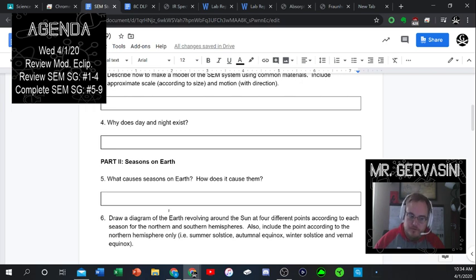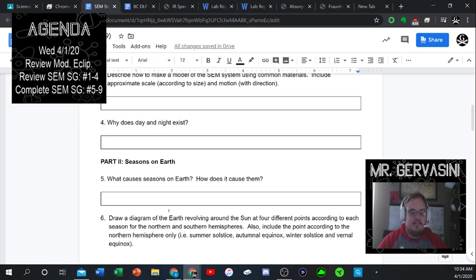Earth revolving around the sun. You guys are right there, but it's because the Earth is also at a what? There you go. There's a tilt in its axis.